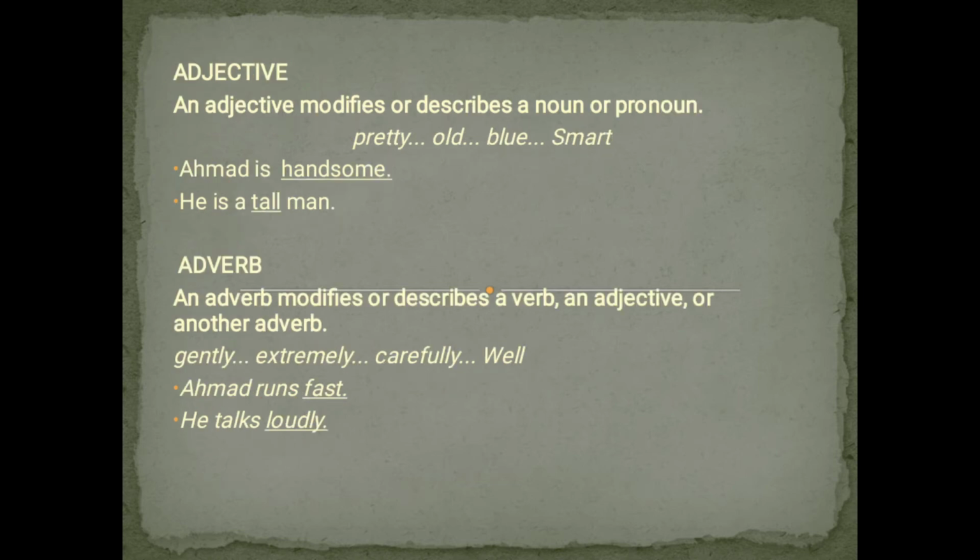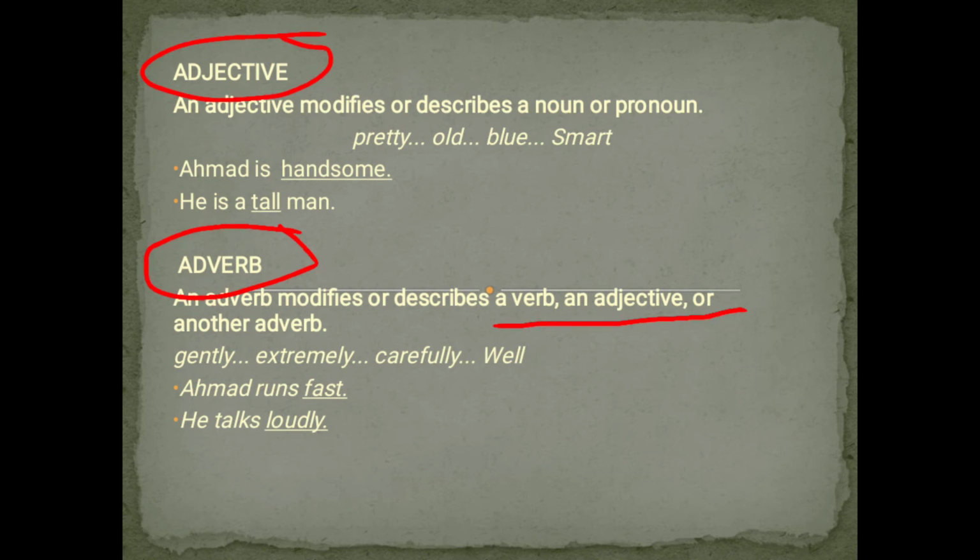Okay, dear students, there are two closely related categories of parts of speech: adjective and adverb. They both do the same work, but for specific words. An adverb works for a verb, an adjective, or another adverb, while an adjective modifies or describes a noun or pronoun.